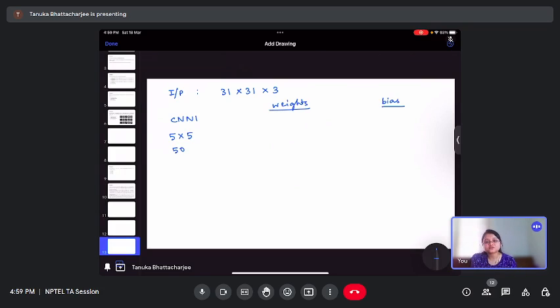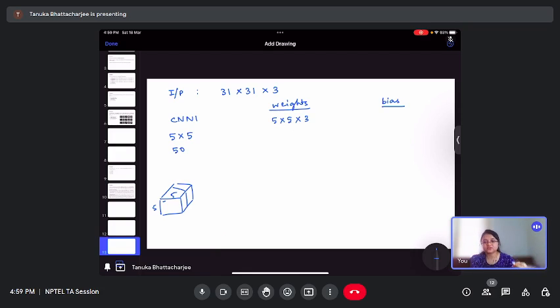This 5 cross 5 filter is like a 2D matrix of dimension 5 cross 5, but it will also combine all the 3 channels of the image, right? So the number of weights that this kernel will have will be 5 cross 5 into 3.